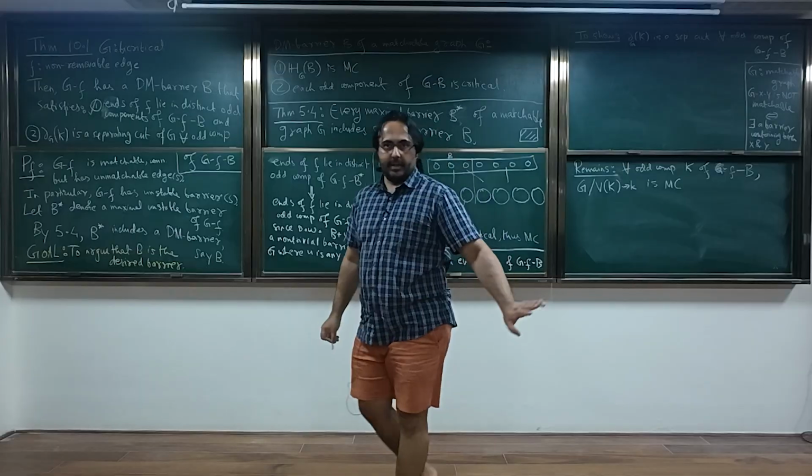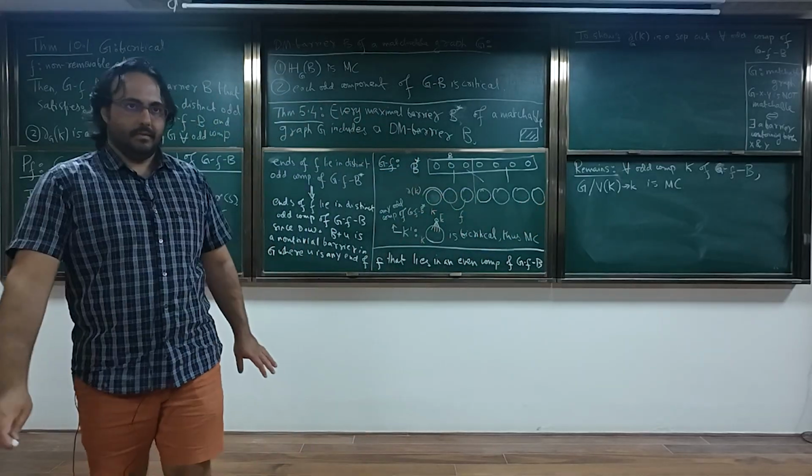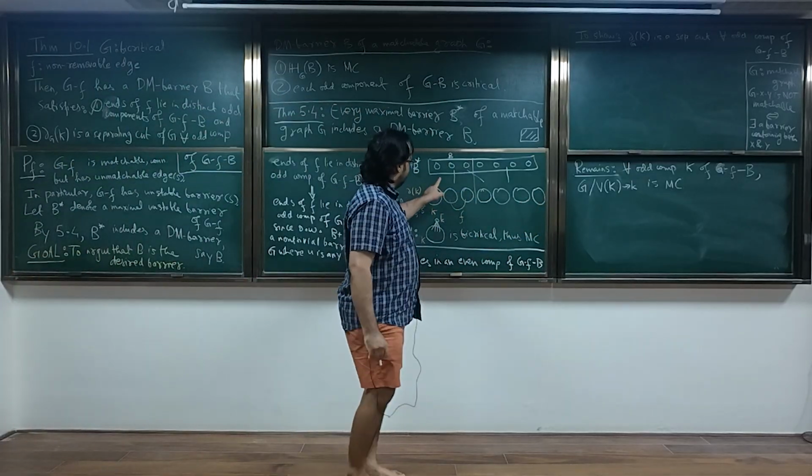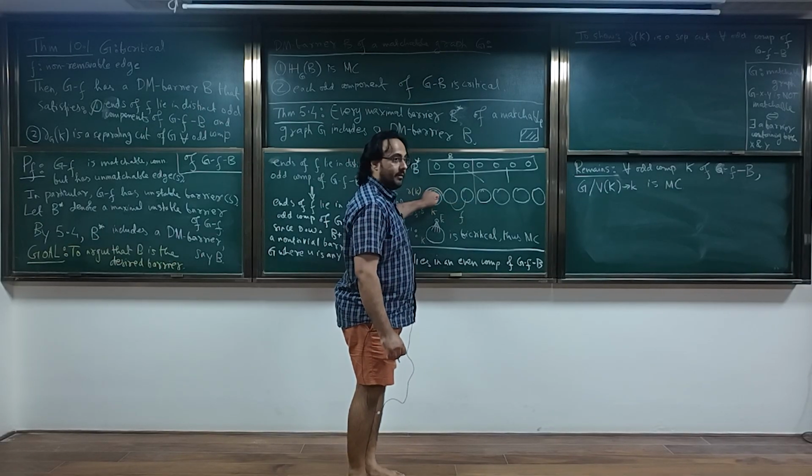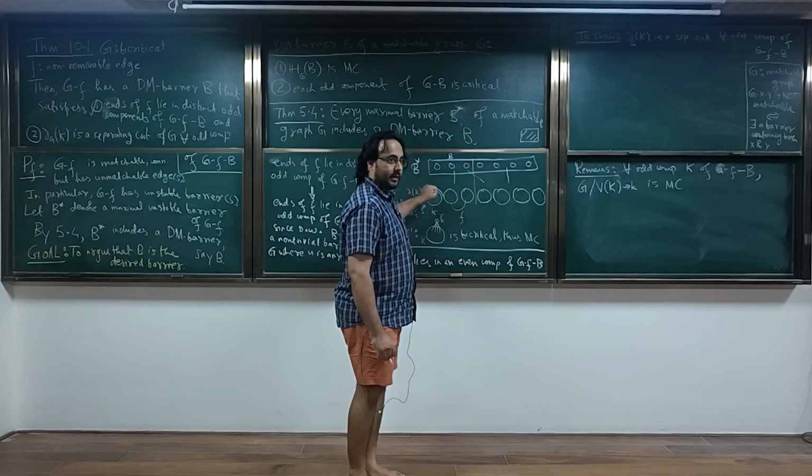This is the only thing that remains to be proved. You all agree? For every odd component of G minus F minus B, if I shrink the component itself to a single vertex, I want to argue that the graph is matching covered.